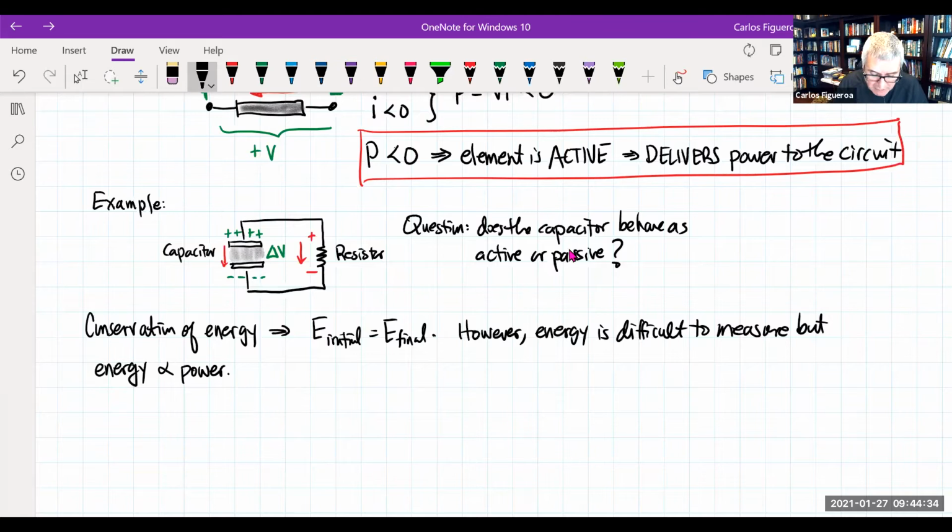So instead of talking about conservation of energy, in circuits we talk about conservation of power.